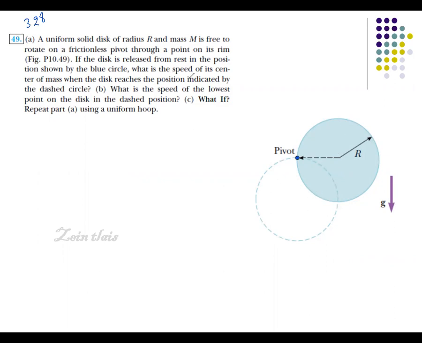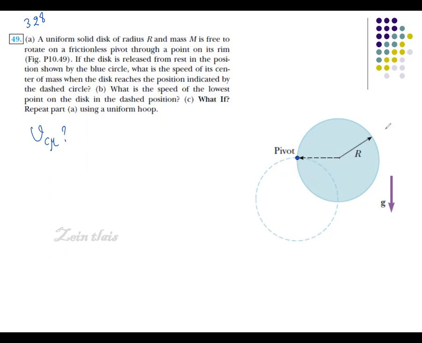What is the speed of its center of mass, VCM, when the disk reaches the position indicated by the dashed circle? So I need to calculate the velocity of the center of mass at this position.